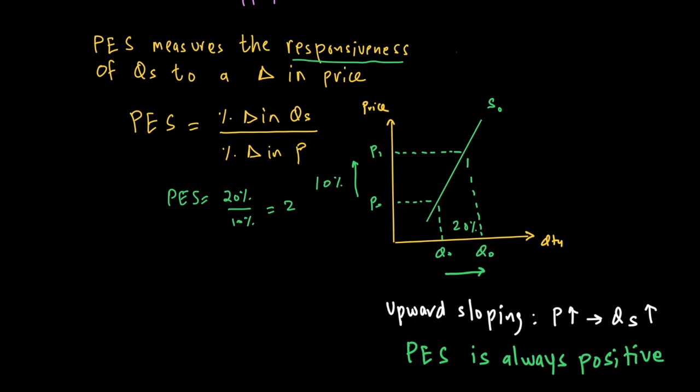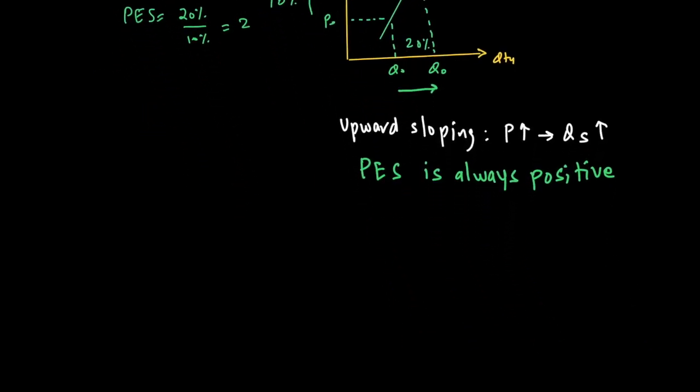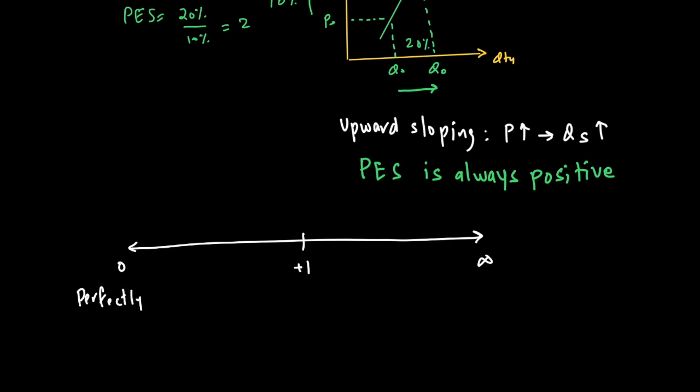So when we look at PES, the value of PES is always positive. But we also say that the value of PES ranges from 0 to infinity. If you are looking at a value of 0, we call it perfectly inelastic supply. But if you look at a value of infinity, we call it perfectly elastic supply.